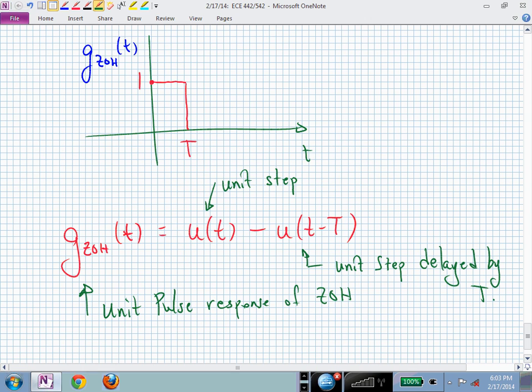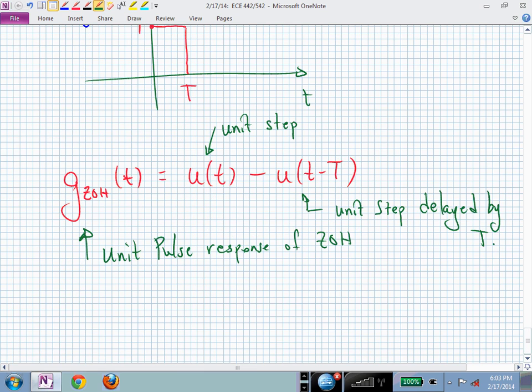That's pretty straightforward, I hope. You can see that that looks consistent with what we said our zero order hold was going to behave like. Now, we want to incorporate that into our capital G of S, which means, let's just take it into the frequency domain. So that now, if we Laplace transformed this unit pulse response, we can look at it in the frequency domain.